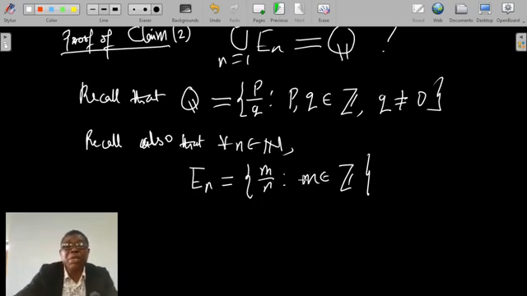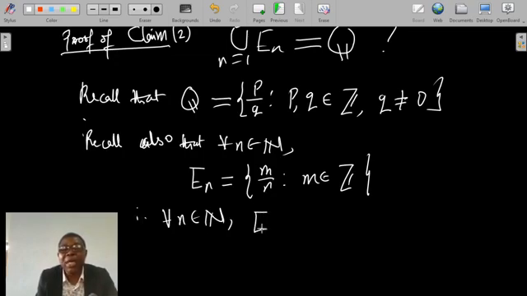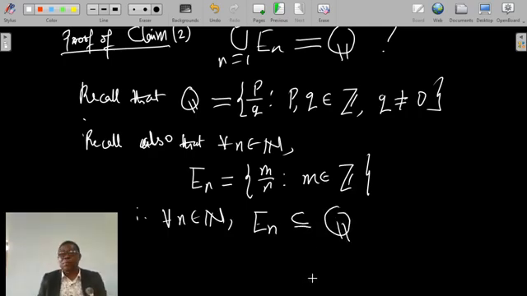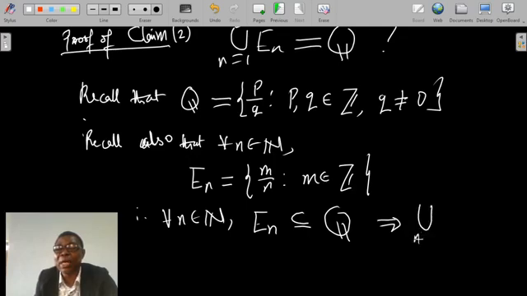So we have therefore that for any n I pick in the set of natural numbers, En is a subset of Q, the rationals. And this implies that the union n equals 1 to infinity of En is a subset of Q.